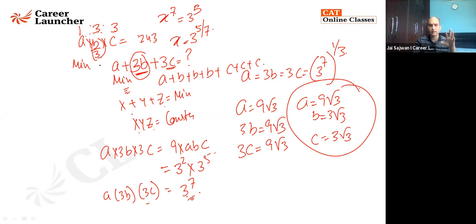The reason is I want b to come thrice, so I should replace it by b/3, and c is coming thrice, so I should replace it by c/3. So we get a into (b/3) cube into (c/3) cube, equal to this value which is going to come. I hope it is clear.